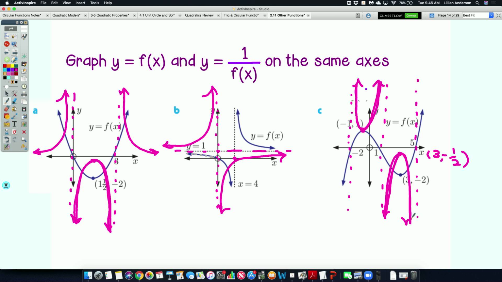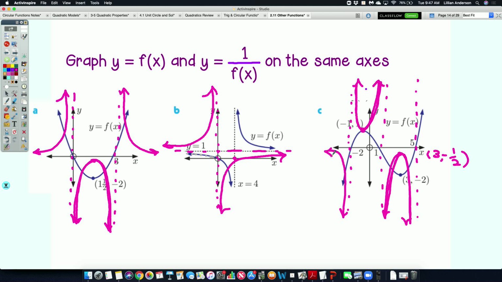Okay. What's happening on the left side of that far left asymptote? Does it not touch the x-axis? It doesn't touch the x-axis. Is the curve going to be above the x-axis or below the x-axis? How do you know? Because the original function is negative. Very good.